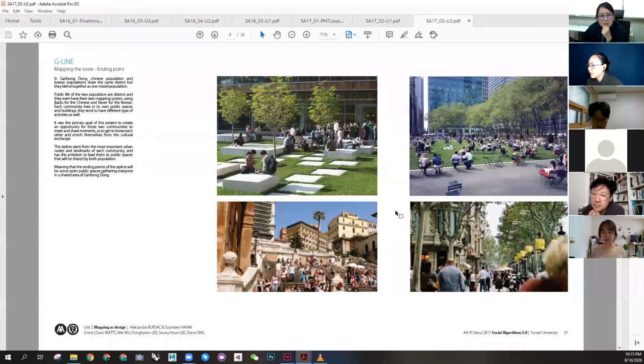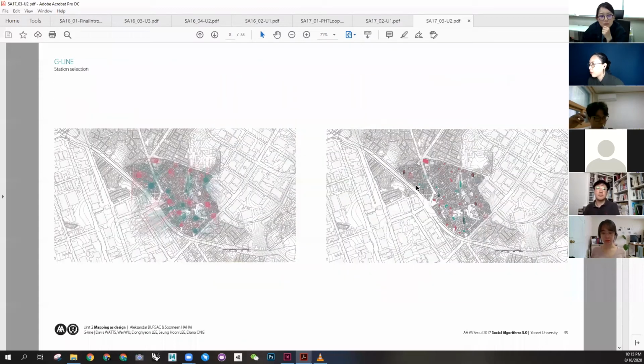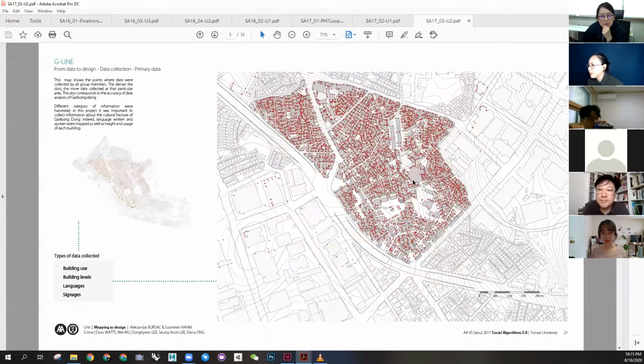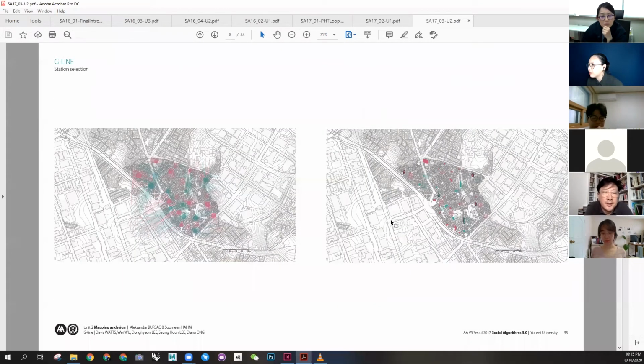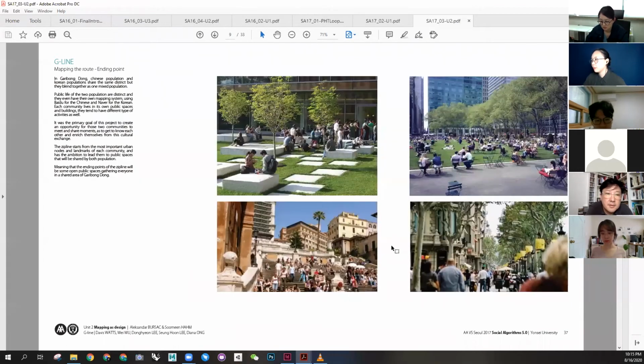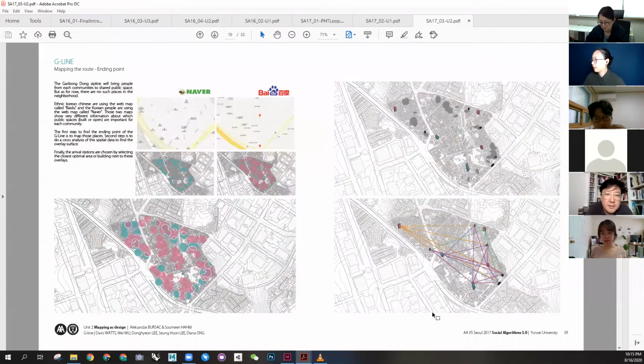And in this case, they were inserting this zip line as one proposal. So these are different sets of ways of how they are finding the zip line starting point and ending point, with the ending point being a public area like this.